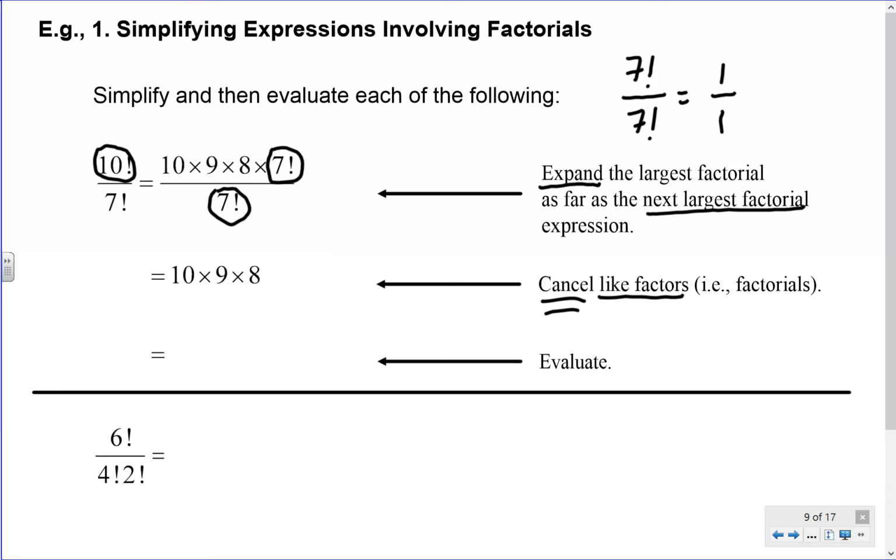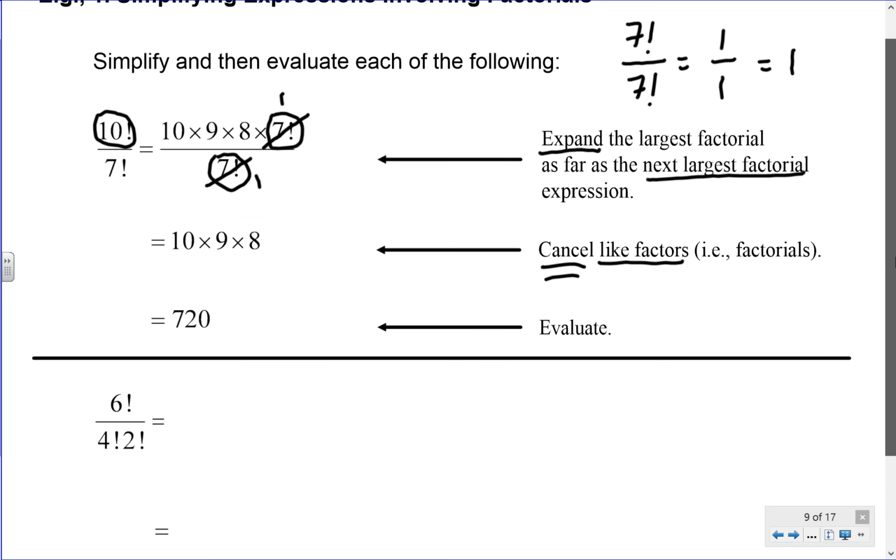So that's really what we mean when we say that we're canceling: we are reducing a particular fraction within the expression to 1 over 1. So that's why you may have seen in previous grades, when someone says, I'm just going to cancel these factors, they're taking the 7 factorial over 7 factorial and reducing it to 1 over 1. So that leaves us with a nice, tidy expression of 10 by 9 by 8, which is otherwise 720. So that expression has been evaluated.